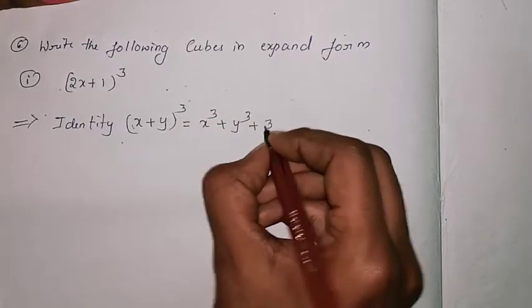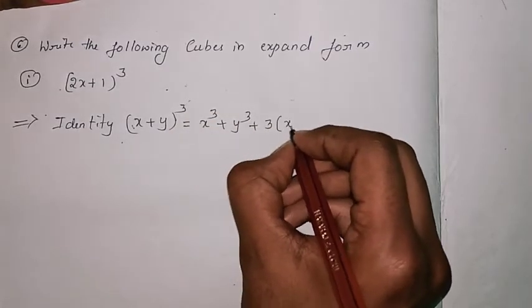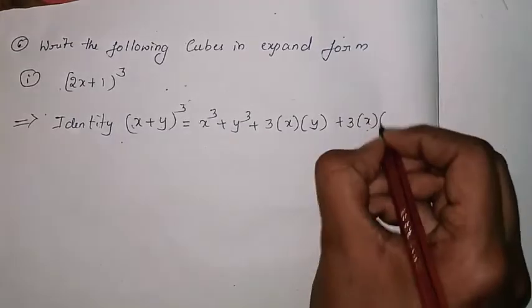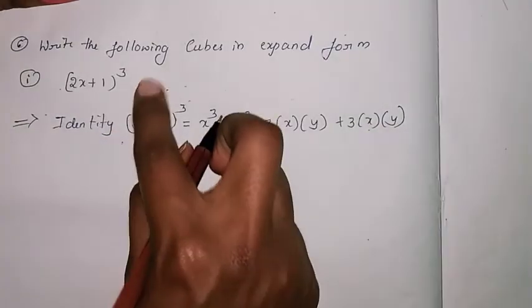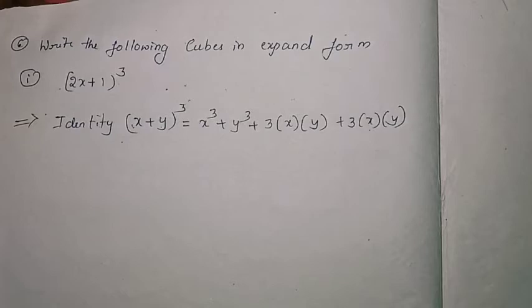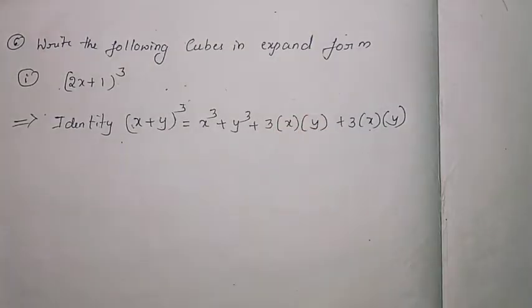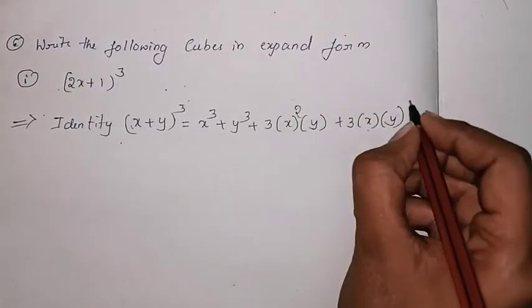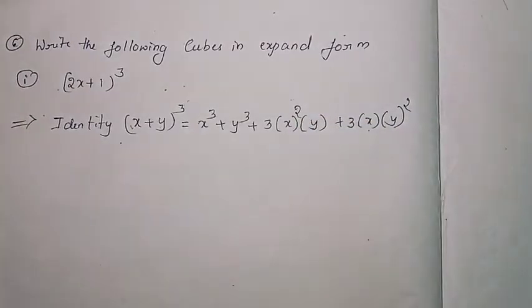Then write 3 into the bracket x and y plus 3 into the bracket x and y. Once put the square on the x term, second time put the square on the y term. So this is your formula.